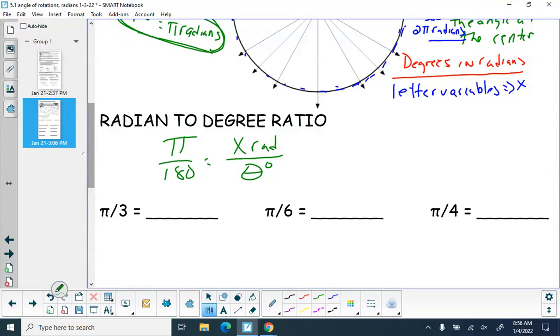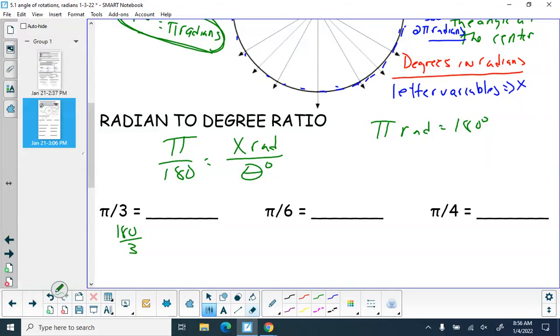And once again, when we have things in terms of pi, and we want to convert them to degrees, the key idea to remember is pi radians is equal to 180 degrees. So when I have things in terms of pi here, it's sort of easy to convert to degrees, because we could just take our 180 and divide it by 3.